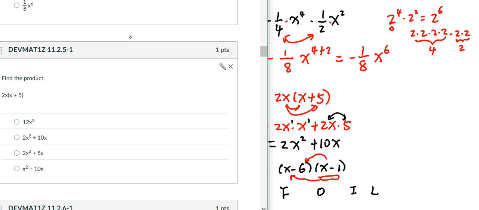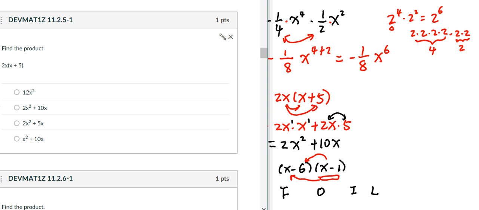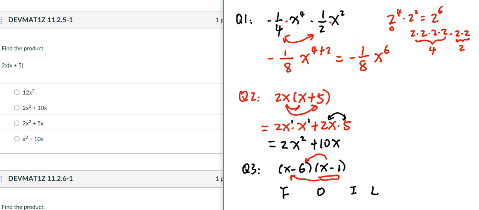Now, question 2. Question 2 is 2x times x plus 5. And here we do the distributive property. 2x times x, 2x times 5. x has an exponent of 1, so add 1 and 1 together, you get 2.